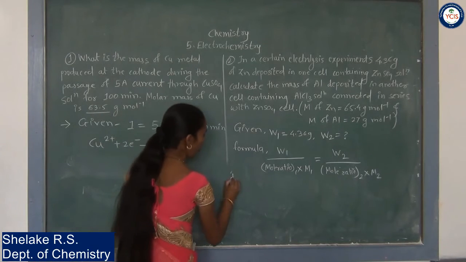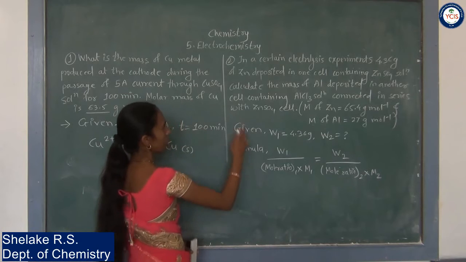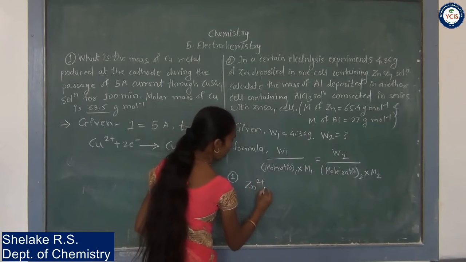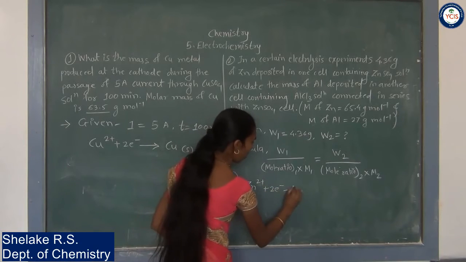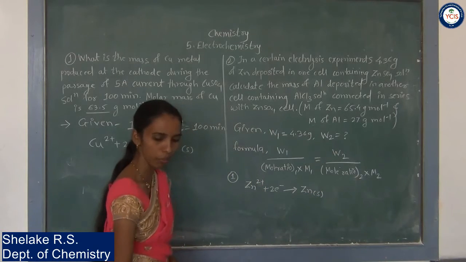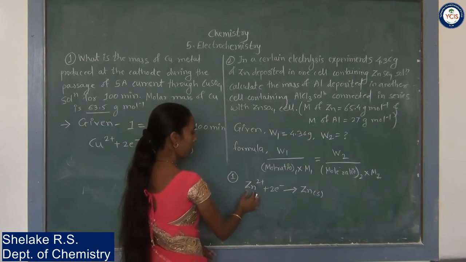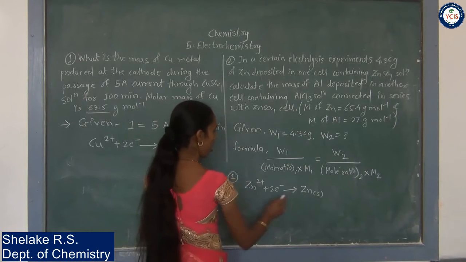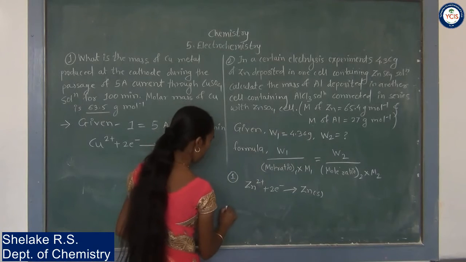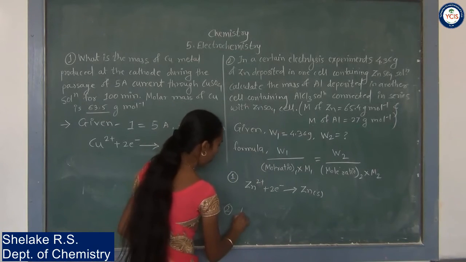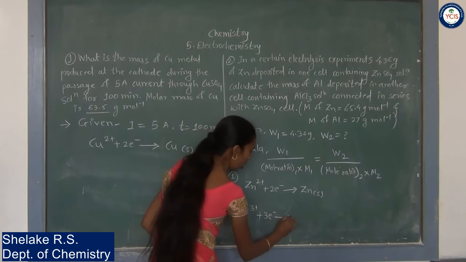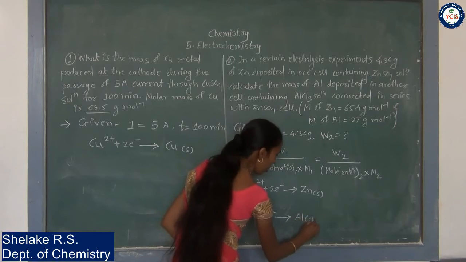See here, for the first cell, zinc is deposited. Zn2+ plus 2 electrons will give solid zinc. That is the half reaction for the deposition of zinc. Now for aluminium, for the second cell, Al3+ plus 3 electrons converts into solid aluminium.